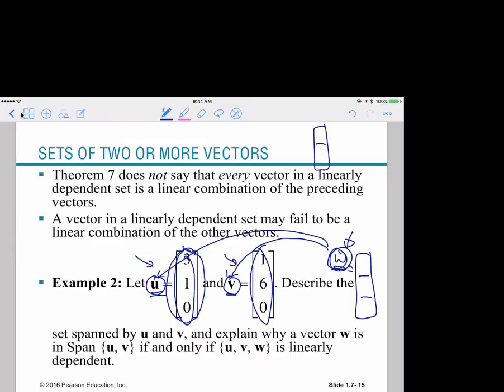Let me simplify the question. This is one three-dimensional vector with three entries, and we are only given just this vector. What kind of vector will be linearly dependent? We are considering a much simpler case, only a single vector.